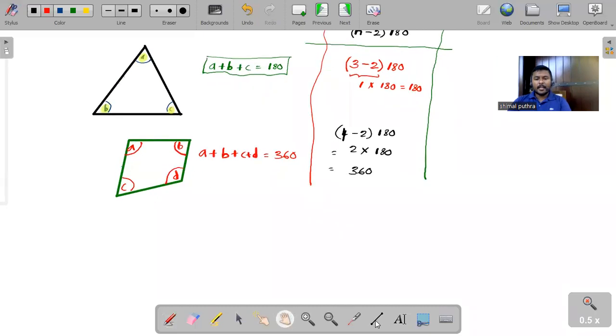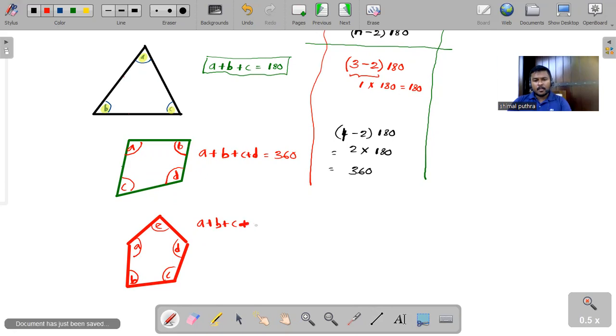Let's consider a pentagon, that means a polygon with 5 sides. I need to find this one. This angle is A, B, C, D, E. I need to find A plus B plus C plus D plus E because this has 5 sides.